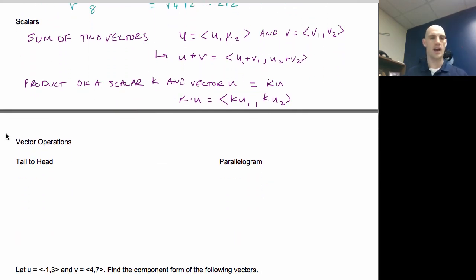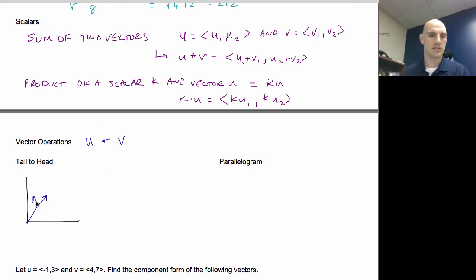In the tail to head representation, here's what happens. We're going to add two vectors. So if I have vectors u and v, tail to head says I put u in the coordinate plane wherever it goes. It happens to be on the origin here, but if it's out in space, that's fine.